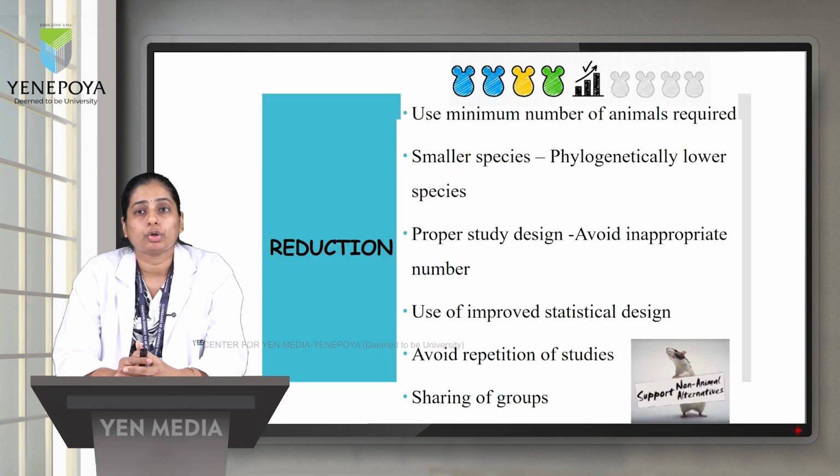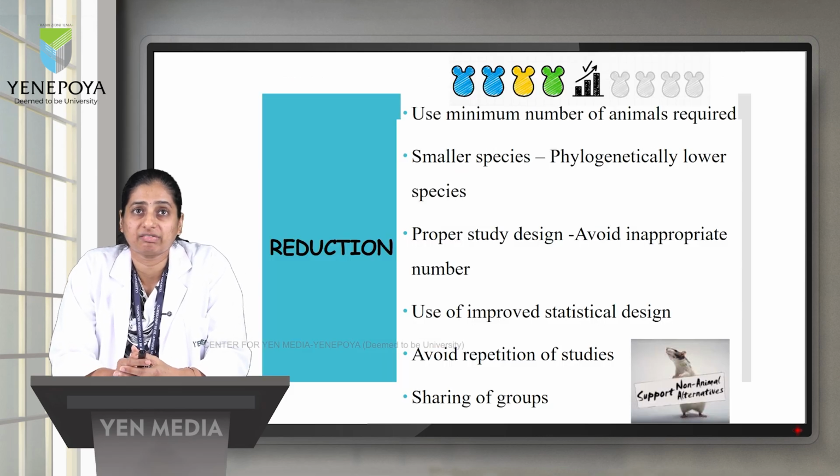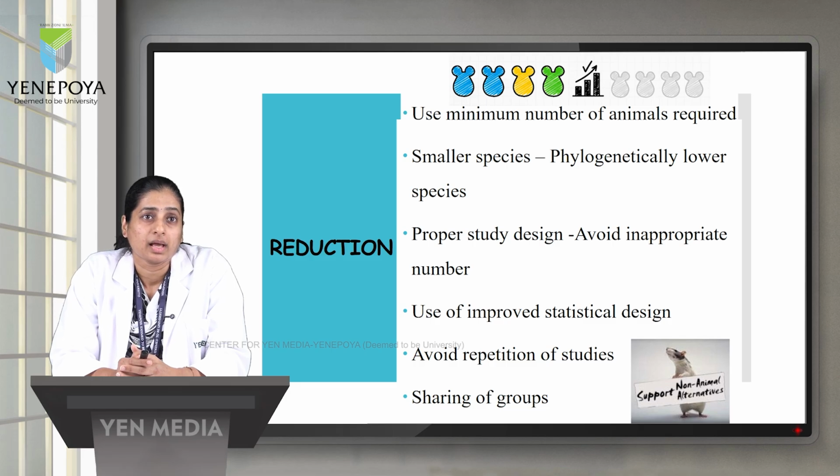So when we get a protocol to review, after checking if the animal is required for that particular protocol, next are the three principles of the 3Rs which are checked. That is, whether the researcher has minimized the number of animals required. Have they used phylogenetically lower species, that is smaller animals, first?